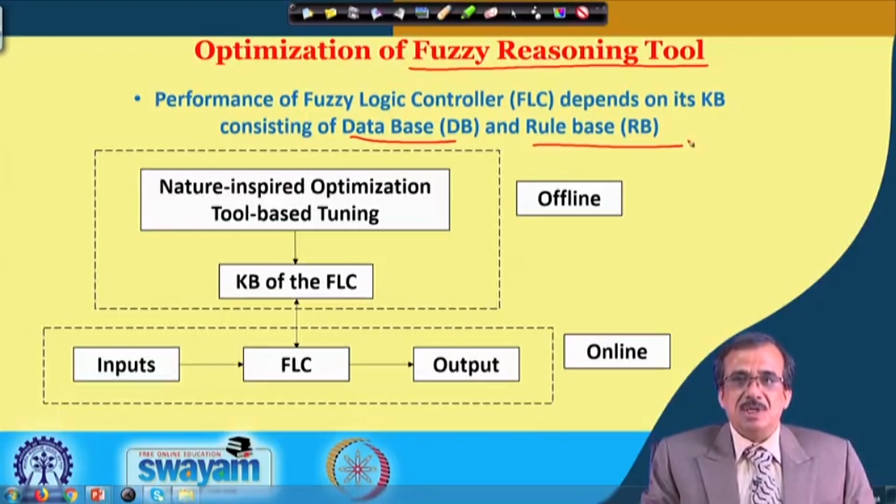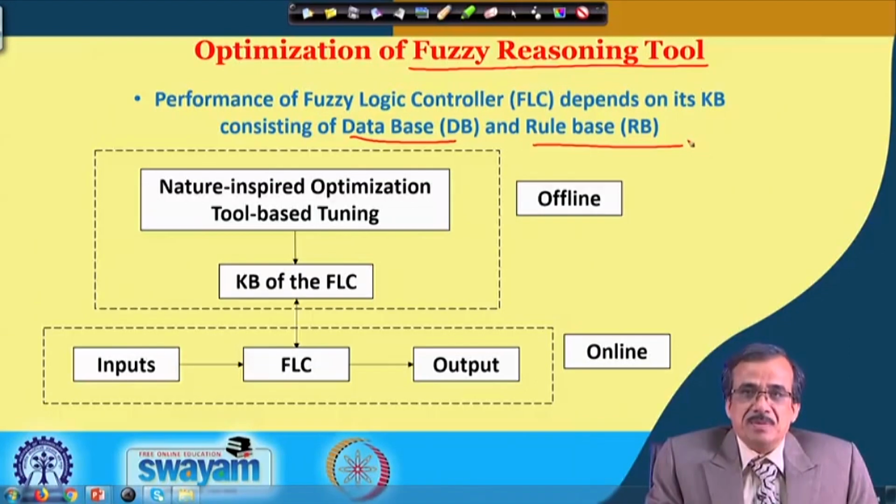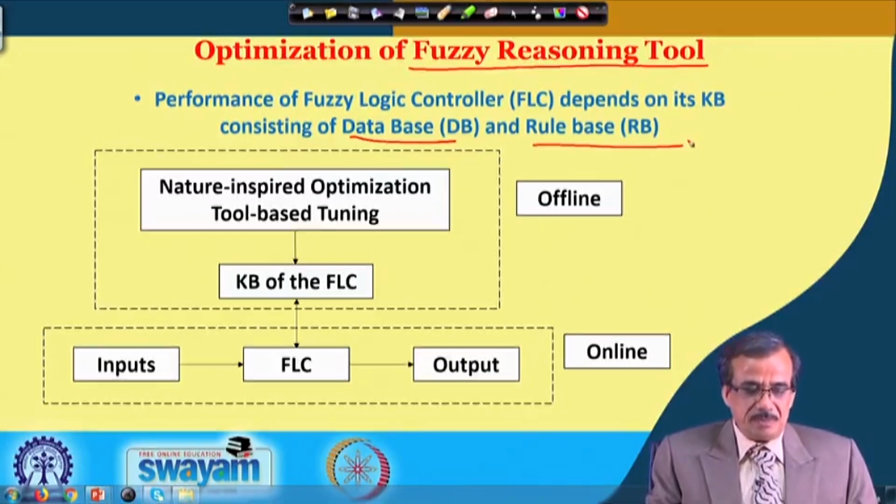Now, let us see the scheme, how you can optimize or tune this knowledge base of the fuzzy logic controller or fuzzy reasoning tool, so that we can model the input output relationship of a process as accurately as possible.